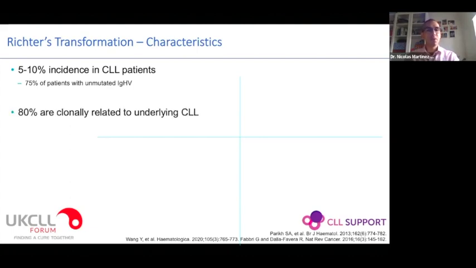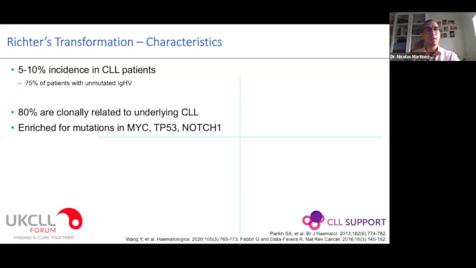There is this relatively novel concept, which is not that novel. It was published for the first time nearly 10 years ago, about the clonal relationship between the CLL and the Richter's transformation, and about 80% of the DLBCL Richter's are clonally related to the parent CLL, and that has some importance.